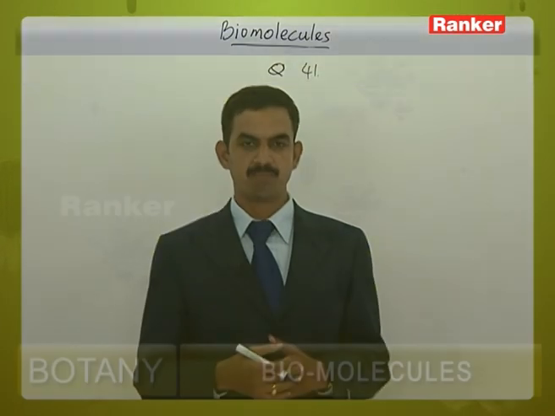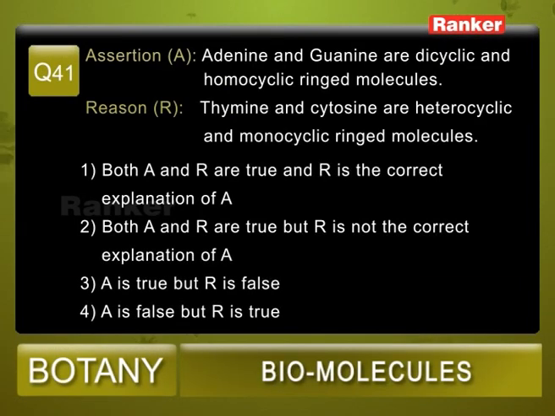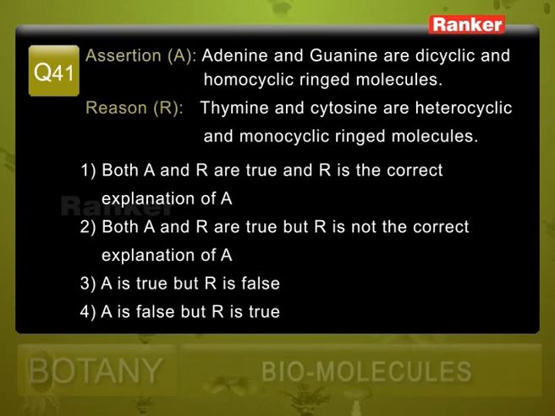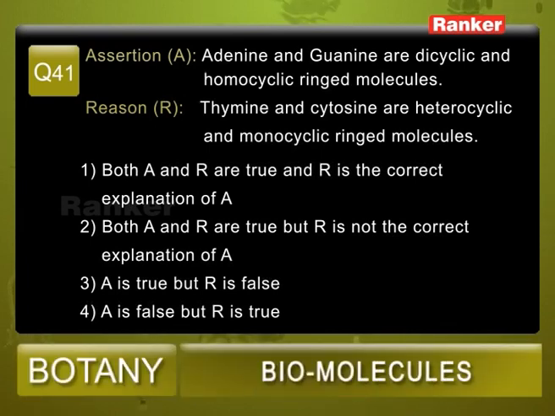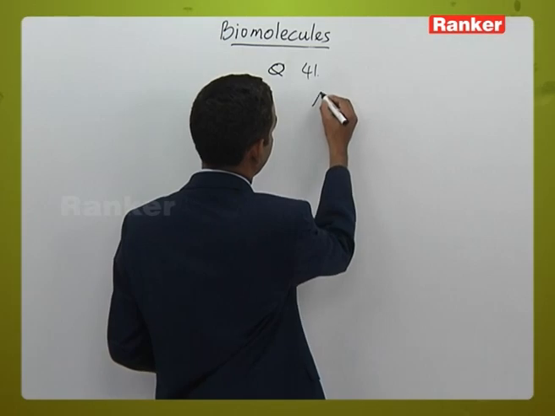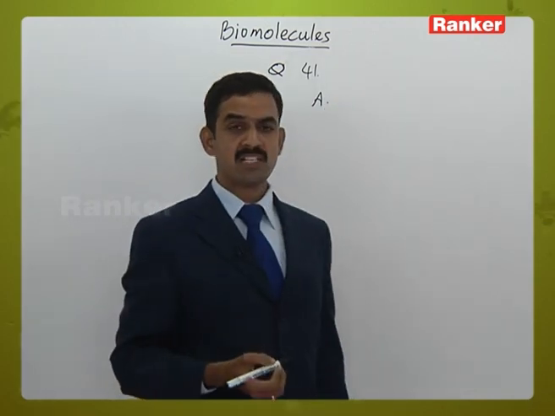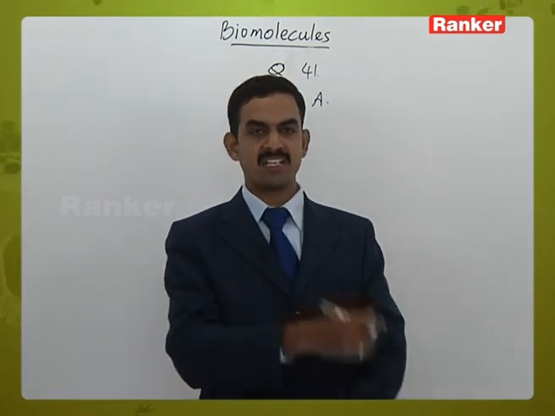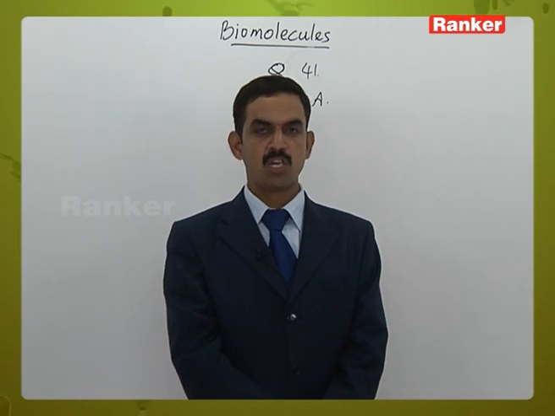Question number 41. Assertion: adenine and guanine are dicyclic and homocyclic ringed molecules. Reason: thymine and cytosine are heterocyclic and monocyclic ringed molecules. Let's come to the first statement, the assertion. It says that adenine and guanine are dicyclic and homocyclic ringed molecules.